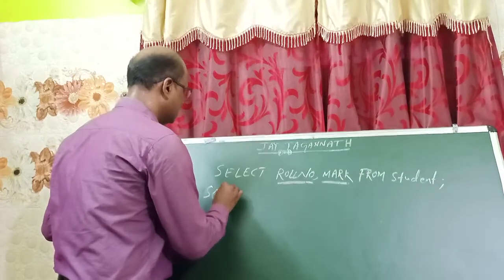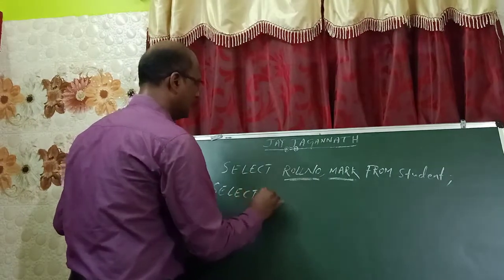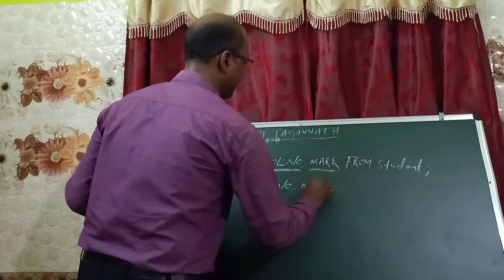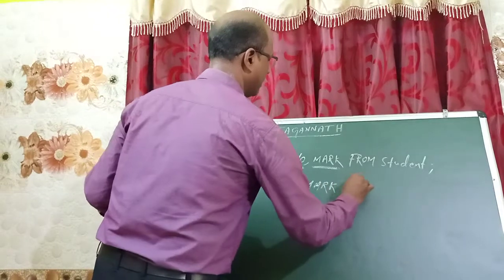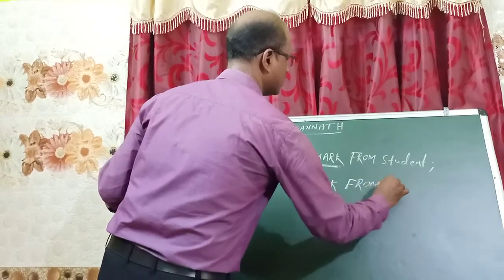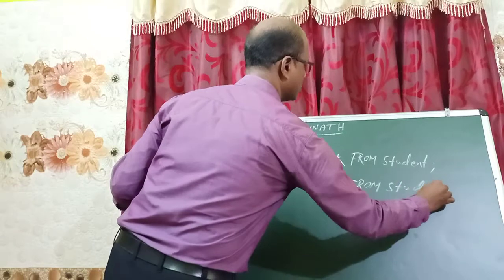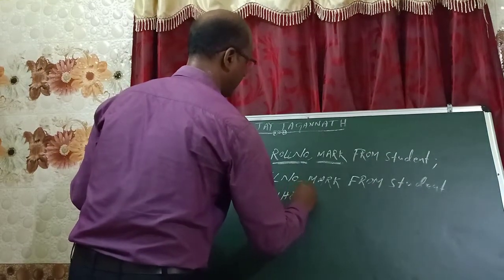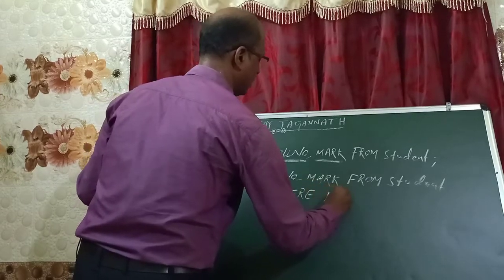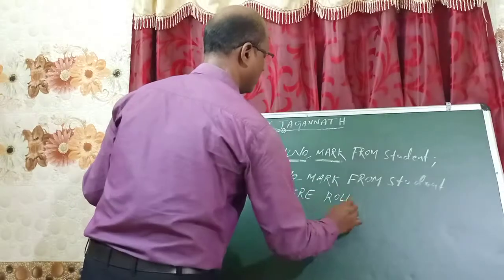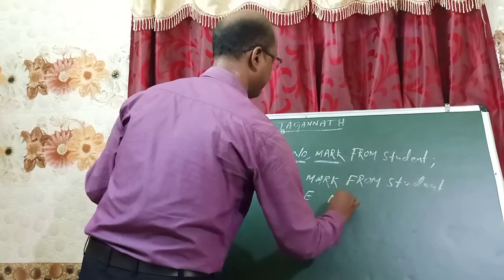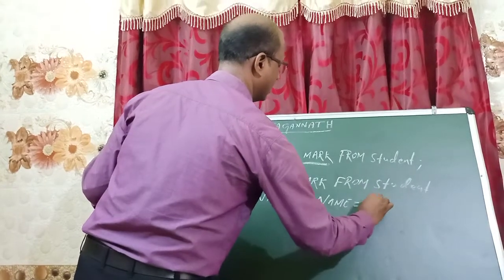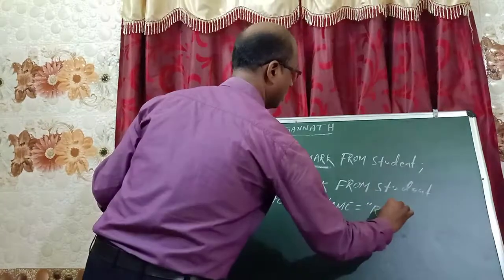If you use the where clause, then it will look in a different form. Select roll number, mark from student where name equal to Rahul.